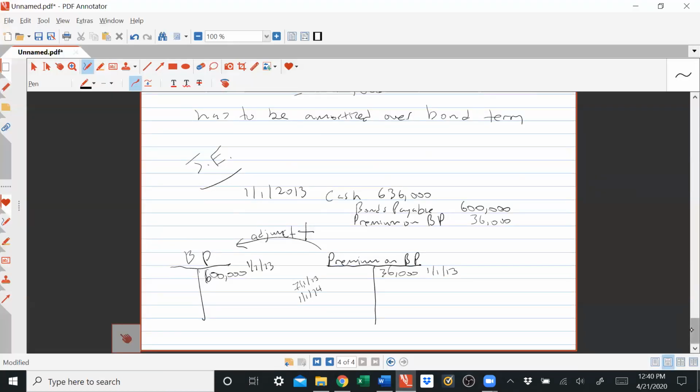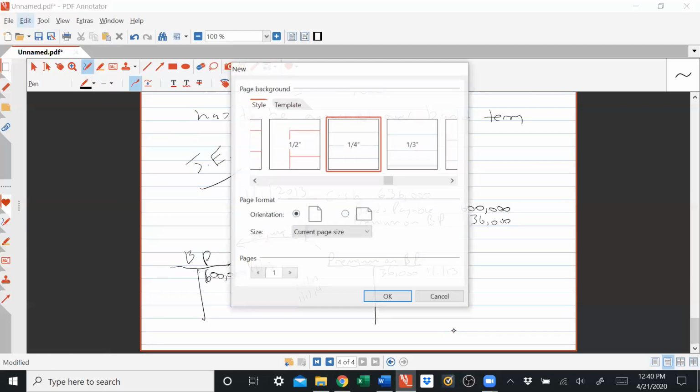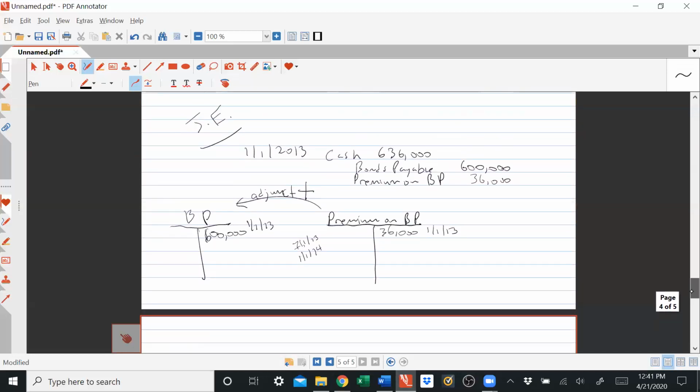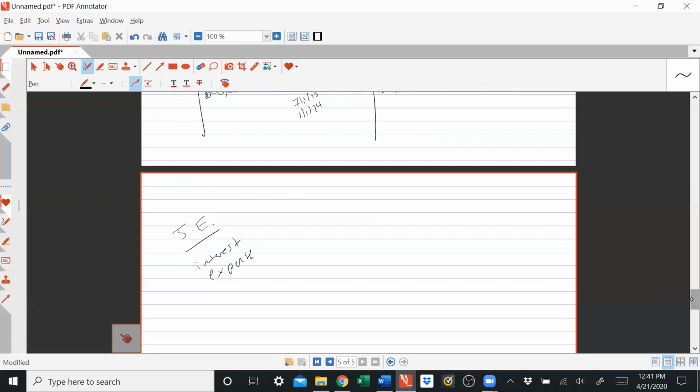So we need to make the journal entry for interest expense. It's going to be the same journal entry each time. Every 6 months, they're going to make the same entry. This was the journal entry for the issuance of the bond. They don't ask for these things, but we need these things to help us solve what they ask for.